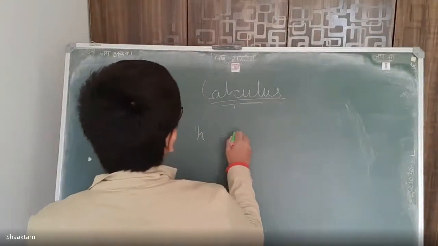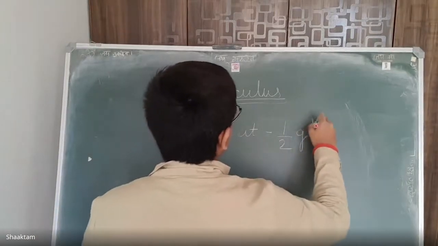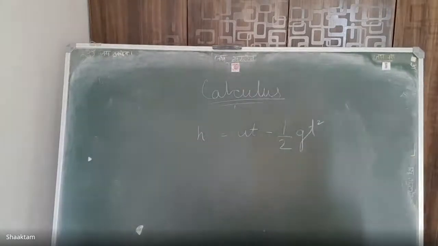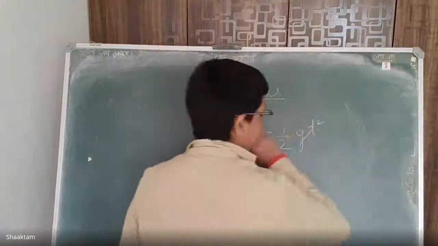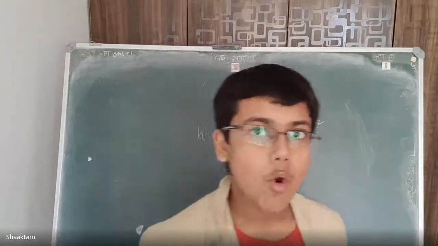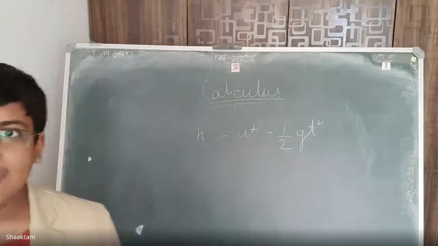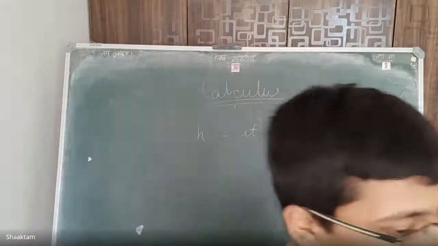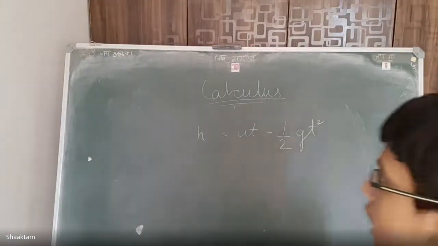h is equal to ut minus half gt square, where g is equal to 9.8 meter per second square and is taken to be a constant.